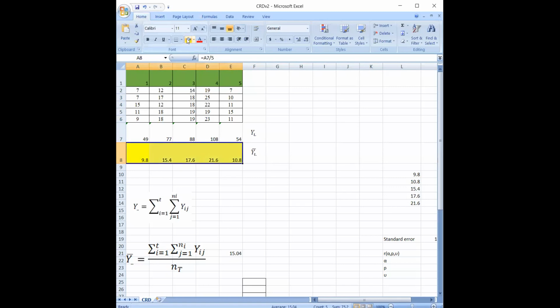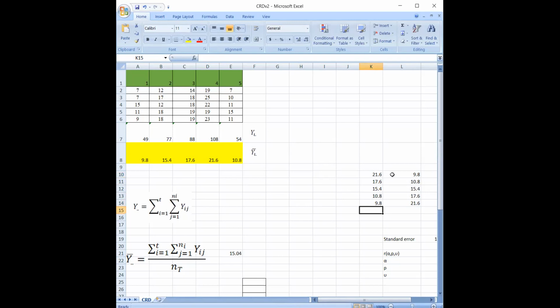Now when you're going to compare the means using MRT, the first step is to calculate the treatment mean values, and then arrange them in descending order, from the largest to the smallest. So in this case, 21.6, 17.6, 15.4, 10.8, and 9.8.